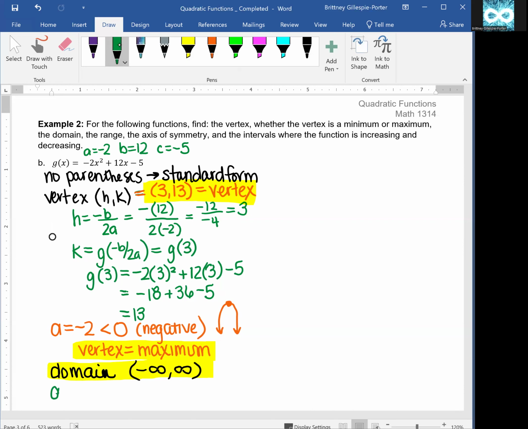Let's pick up axis of symmetry. Remember, your axis of symmetry is in the form x equal to h, and you have to have the x equals there because it is an equation. And the h coordinate of our vertex was 3, so our axis of symmetry is x equals 3.